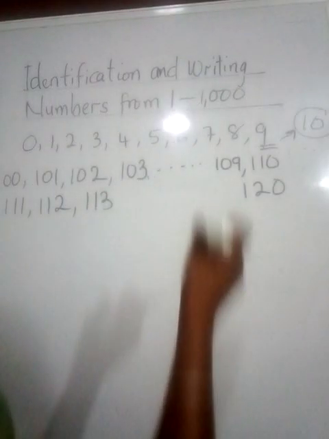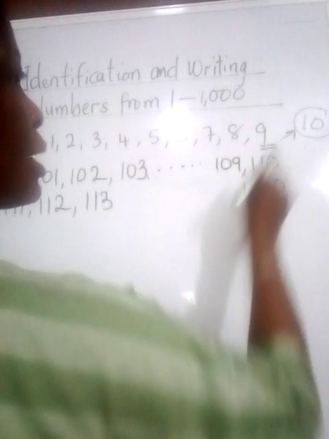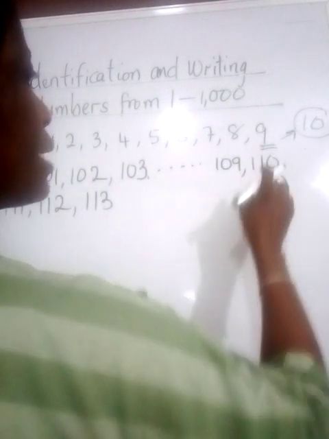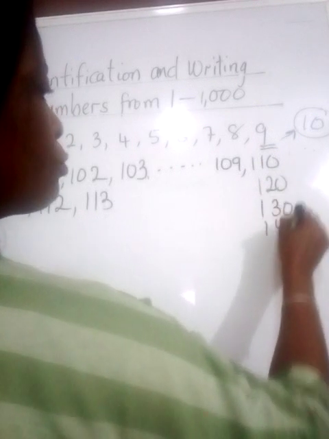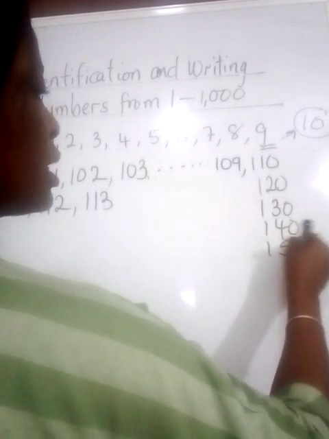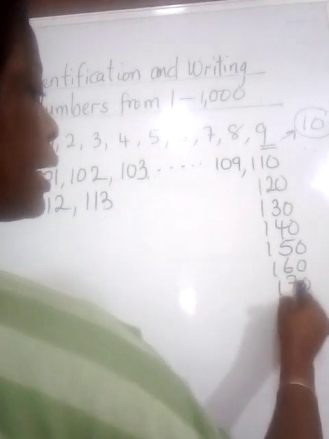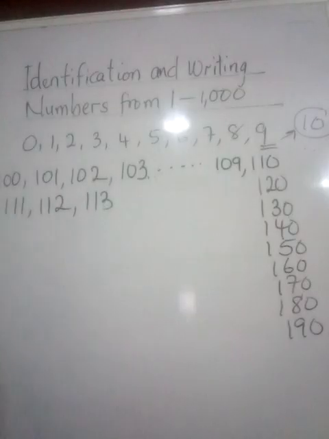Now if you get to 100 after 110, try and see the pattern that is building. Here is 110, 120, here will be 130, 140, 150, 160, 170, 180, 190. Wow, 190.